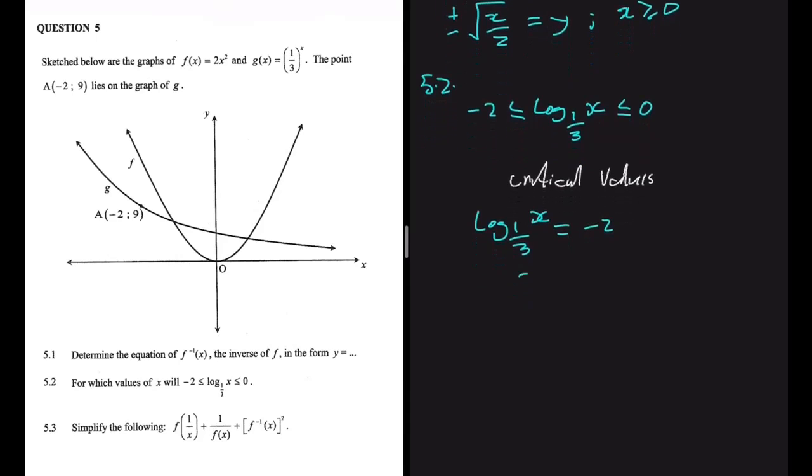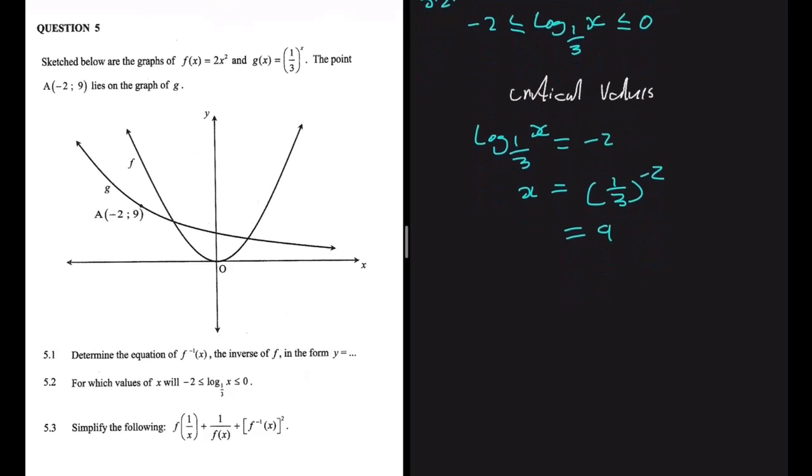So we're going to have x being equal to a third to the power minus 2, and this is equal to 9, right? And then our other critical value, we're going to say that log of x base a third is equal to 0, right? So we're going to have x being equal to a third to the power 0. We know that any number to the power 0 is 1, right?